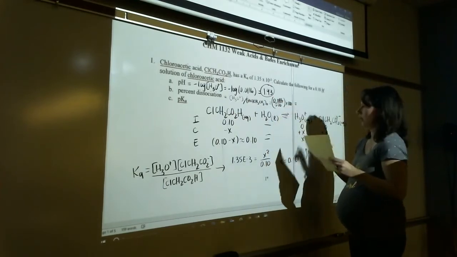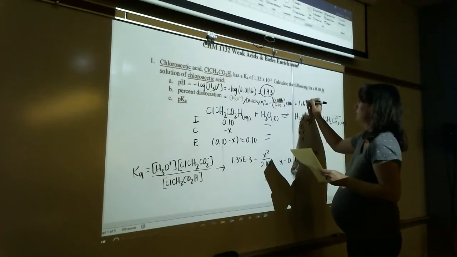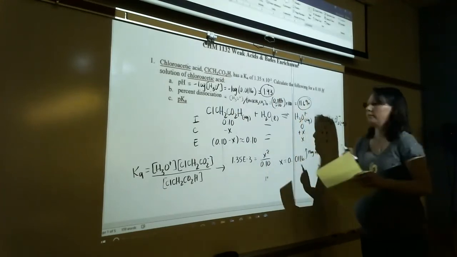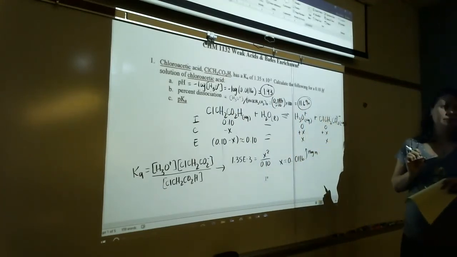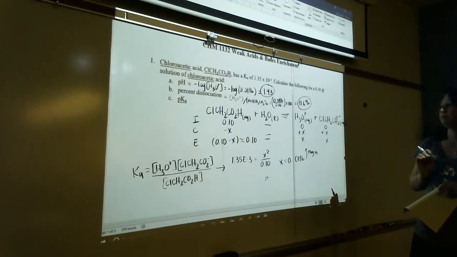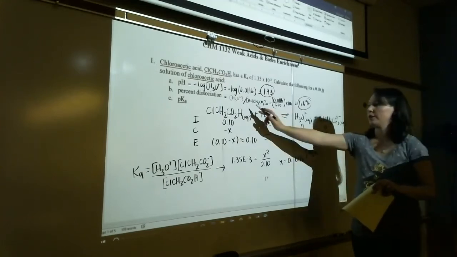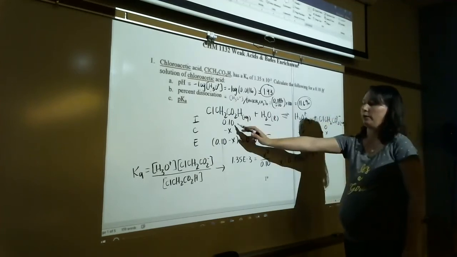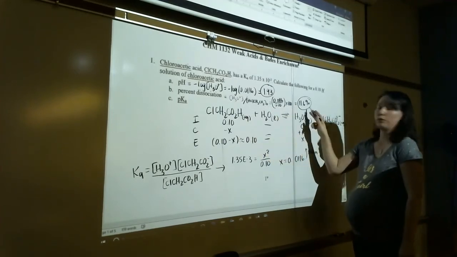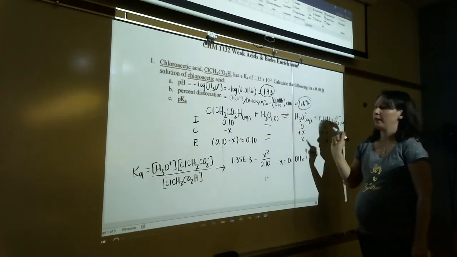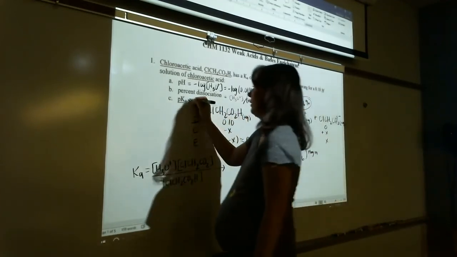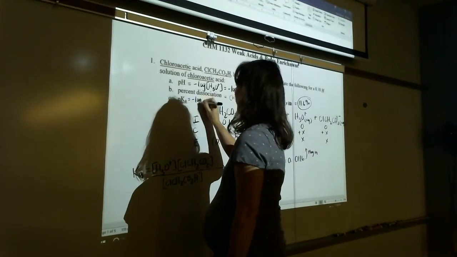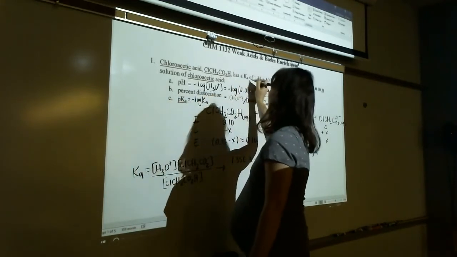So I got 11.6%. Did you? Percent dissociation would be the amount we get at equilibrium divided by the amount we began with times 100. Do we agree?